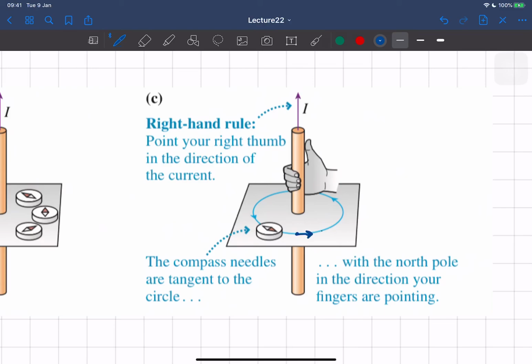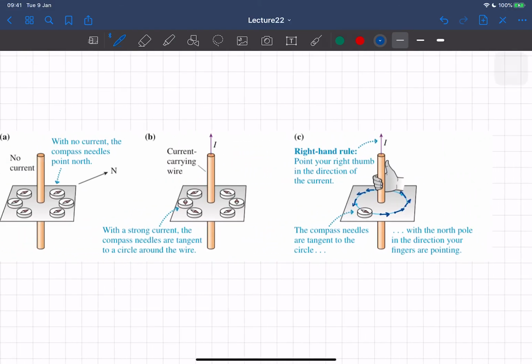And then if you move a little bit here, the magnetic field will point perpendicular to the circle, and if you're here, then the magnetic field will point that way. That's what we mean by field going around in a circle. At every point on this circular path, the magnetic field is tangential to the circle.